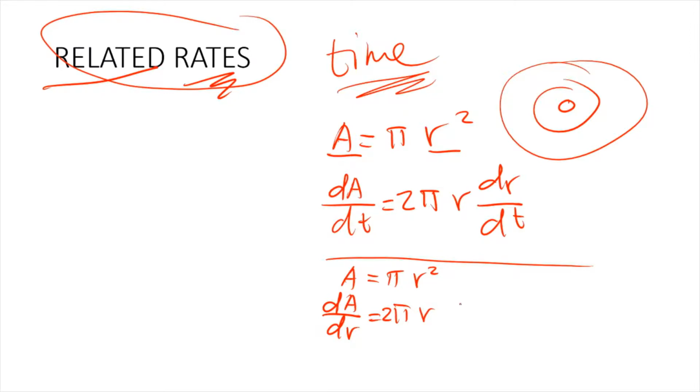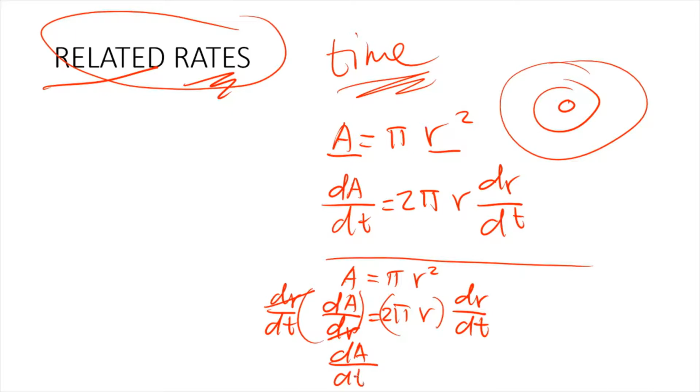So we multiply both sides by dr/dt. Okay, so we can simplify this equation, cancel out dr, we get dA/dt equals 2 pi r dr/dt. Okay, so this is using the chain rule. All right.